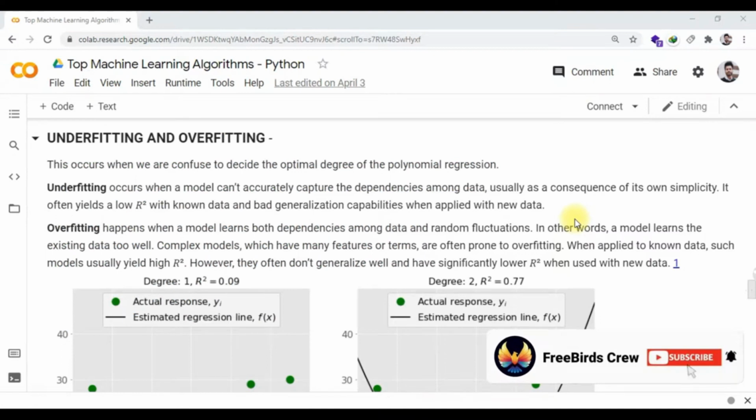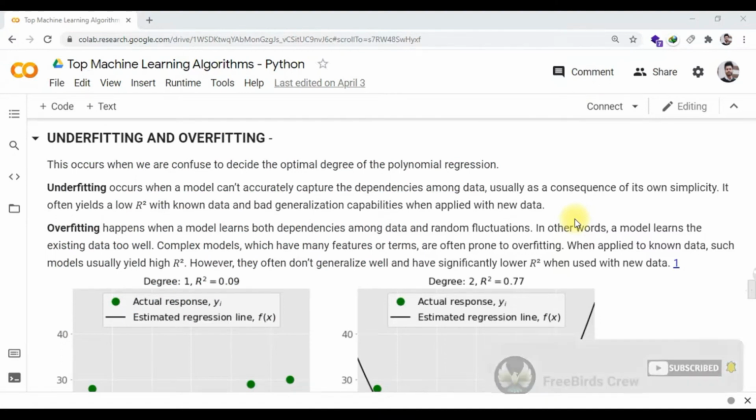So in this video I will tell you about the underfitting and overfitting of polynomial regression algorithms. Underfitting and overfitting occur when we do not decide the correct optimal degree for the polynomial regression equation, because as we know there are many degrees you can decide for polynomial regression as per your understanding of the data.